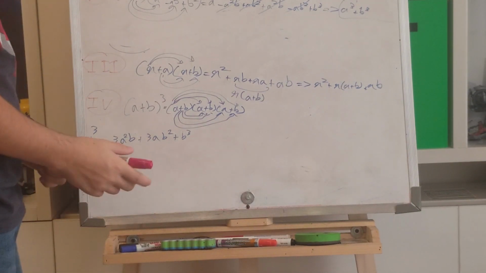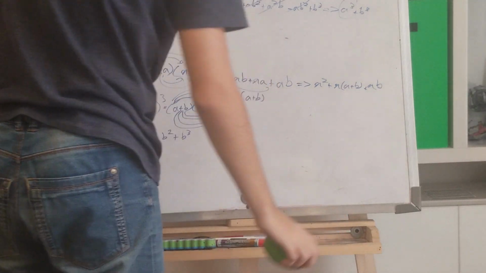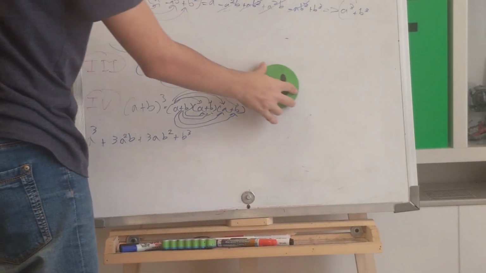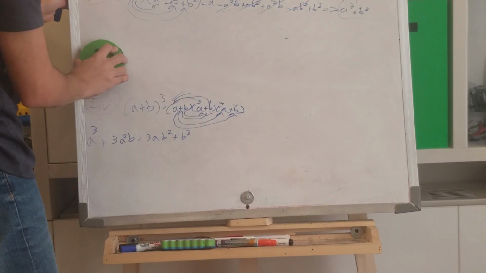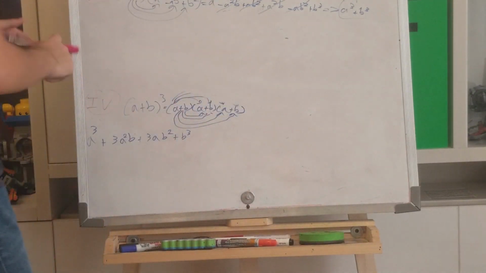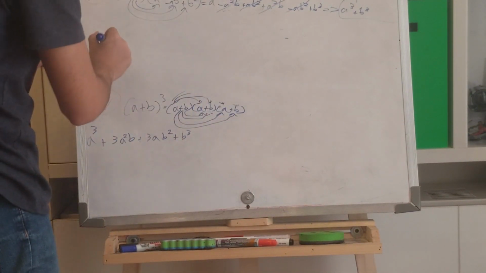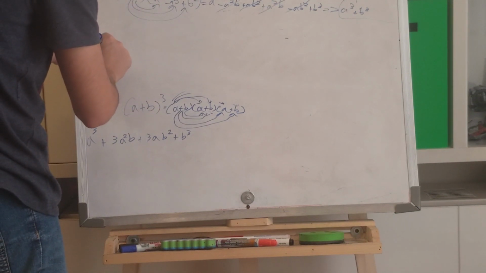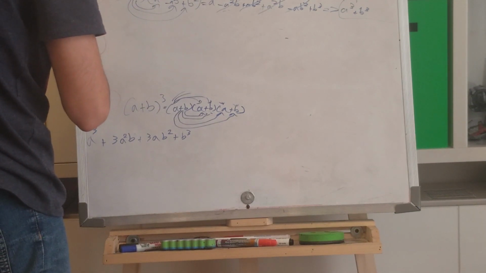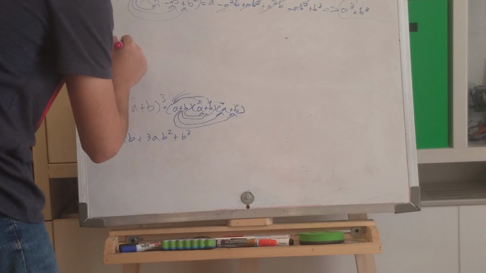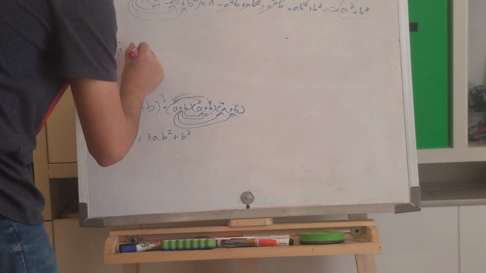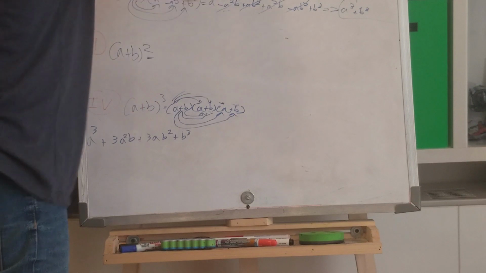Now let's explain the last one, the simplest one. Now this one, number 6. Okay, why is (a plus b) squared equal to this?